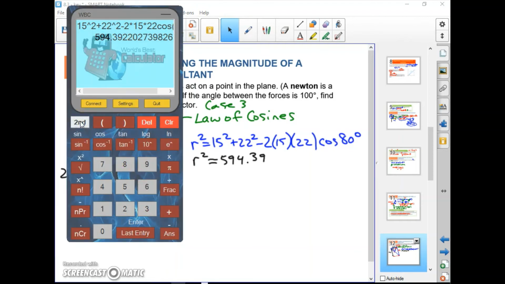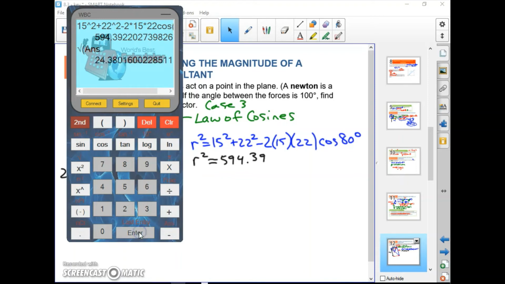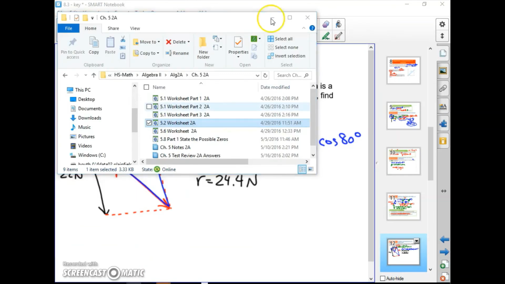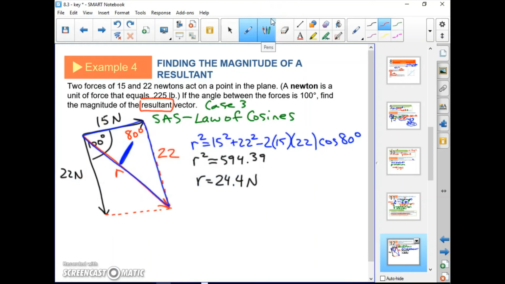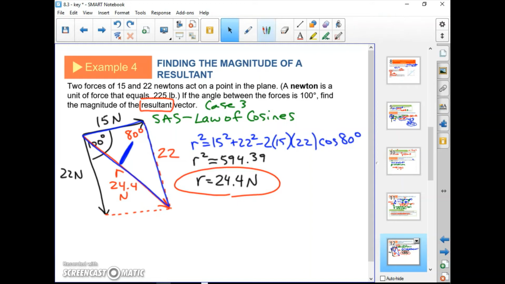To find r, I take the square root. And I get about 24.4 newtons. Now, before I circle it, I might just look and see if that makes sense. 24.4 newtons. Yeah, I'd say that makes sense. That's the resultant force of 22 newtons and 15 newtons. Answer is 24.4 newtons.